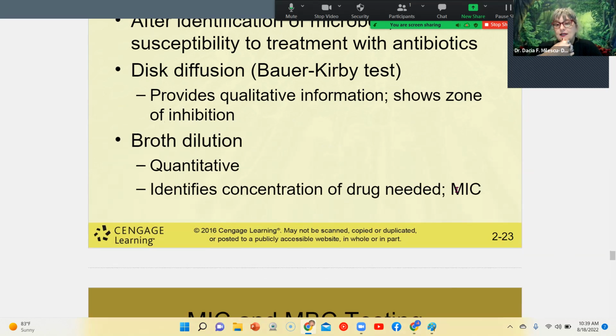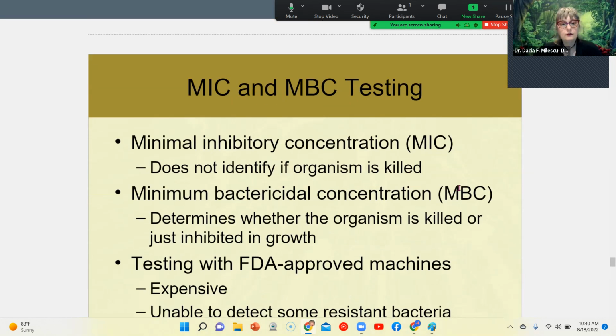So this is called MIC, the minimum inhibitory concentration. It identifies the minimum drug dose needed to kill the culture.